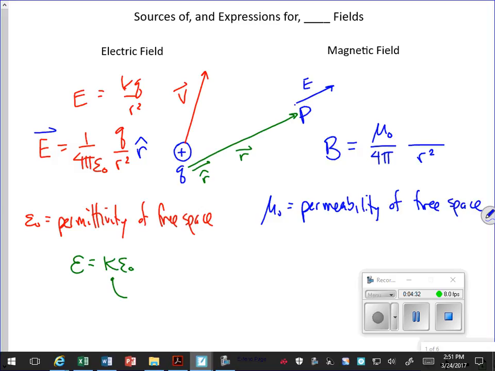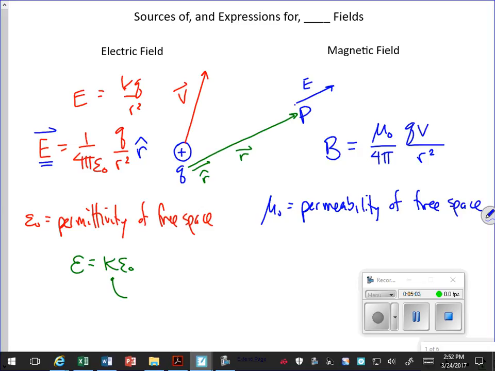For the electric field, all that matters is the magnitude of that charge. Here what matters are two things: the magnitude of the charge and how fast the charge is moving. So we can start with that, Q V. That's really kind of it, to tell you the truth, for the magnitude of this field.